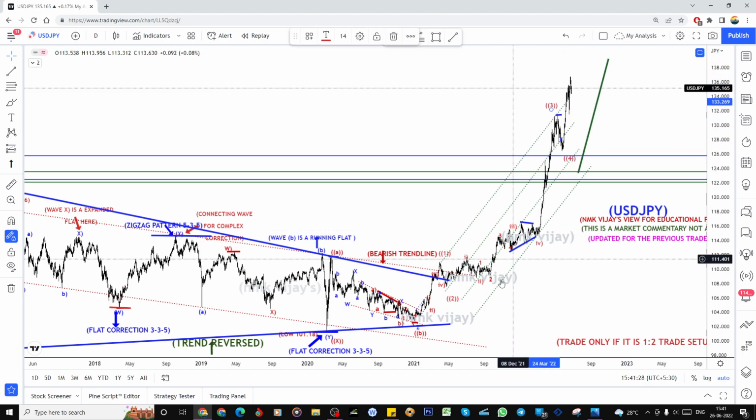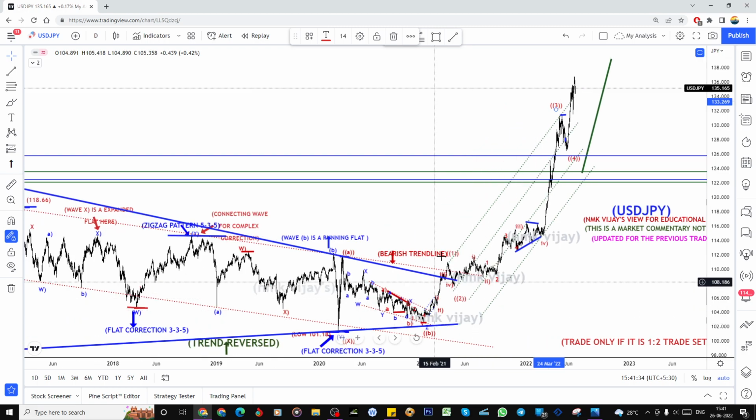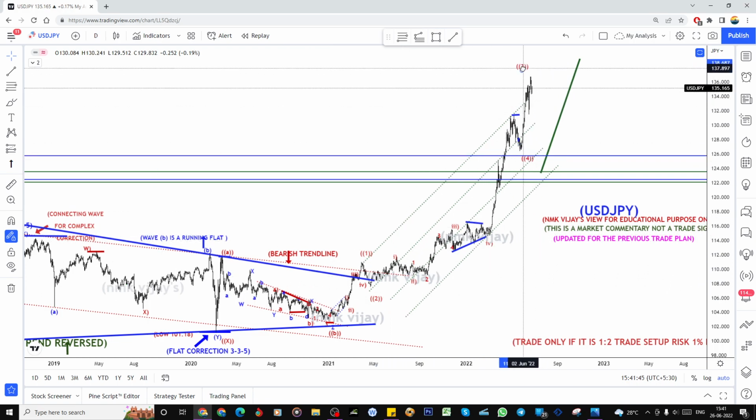So I have already explained this, I think two weeks or four weeks before, this keeps on extending. If we make this a W, this could be a 1 and 2, so this is a bigger 1, bigger 2, and this is again 1, 2, 3, 4, 5, so this could be a 3 also.